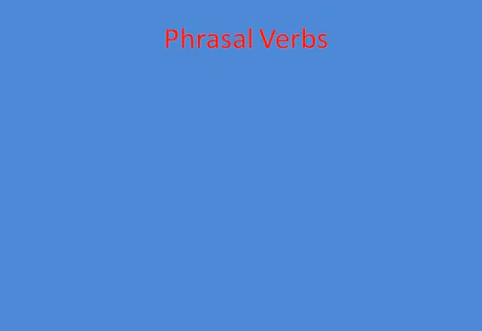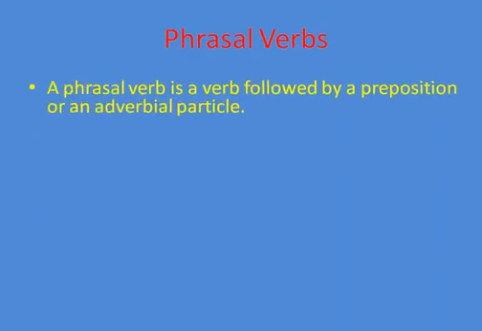Now the second component of the vocabulary part from Unit 5 is phrasal verbs. A phrasal verb is one such technique, I can say, that by bringing about a little change in the phrasal verb, we can change the meaning of the entire sentence.